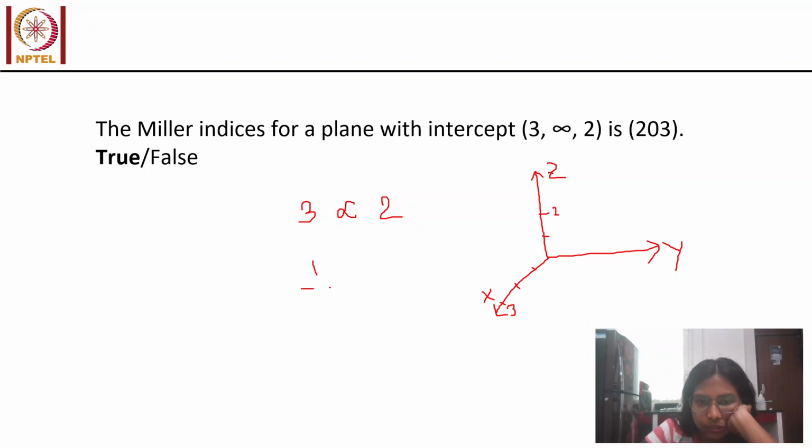Simply we have to take the reciprocal: 1 by 3, 1 by infinity, 1 by 2. Now we just have to clear the fractions. 1 by infinity will turn out to be 0. So I am continuing here.